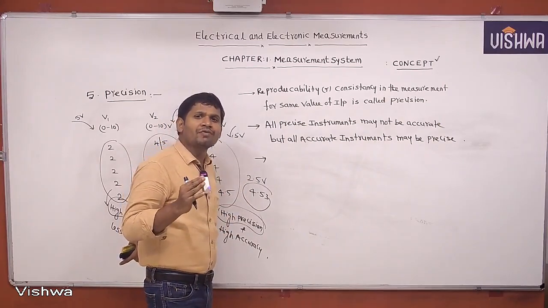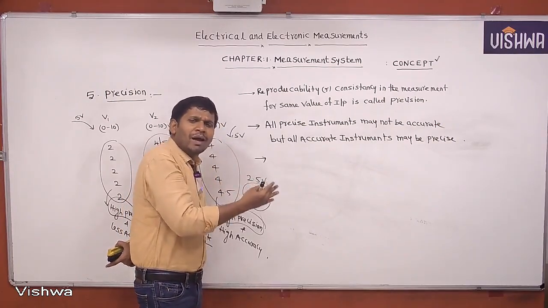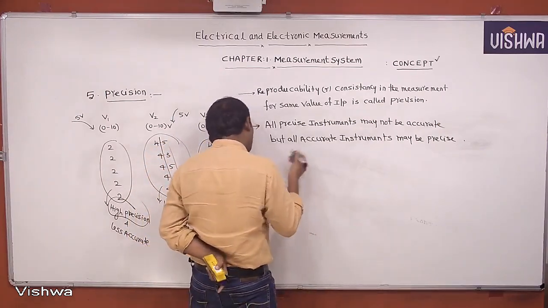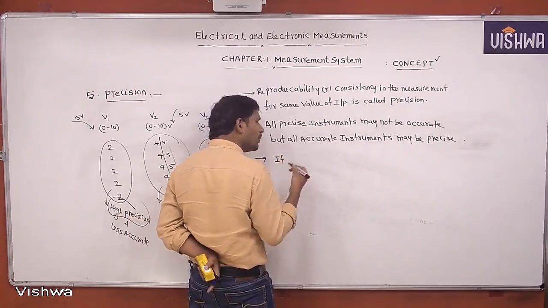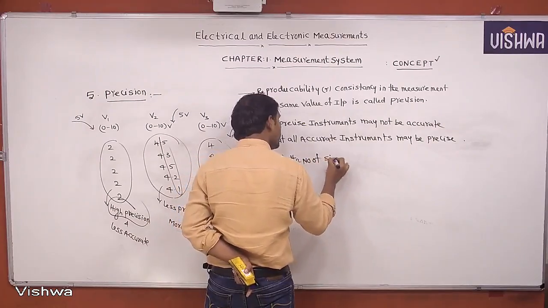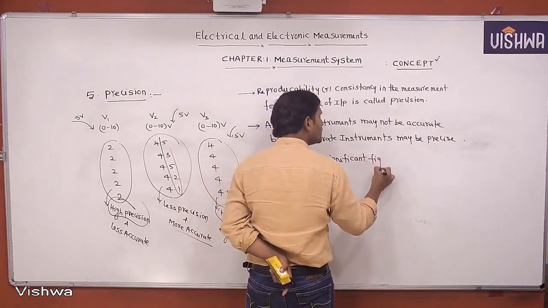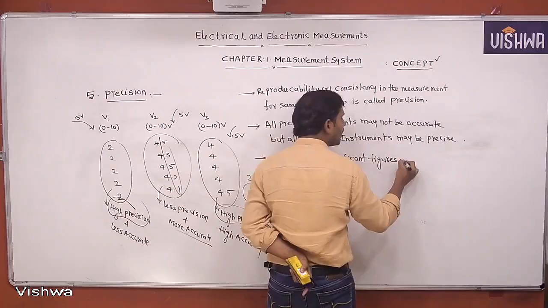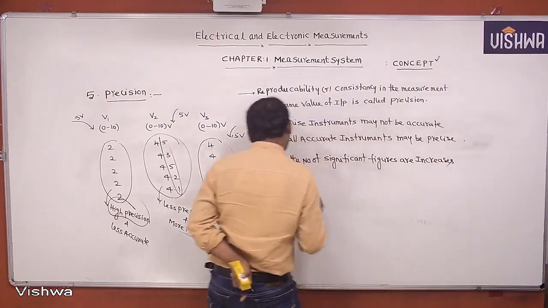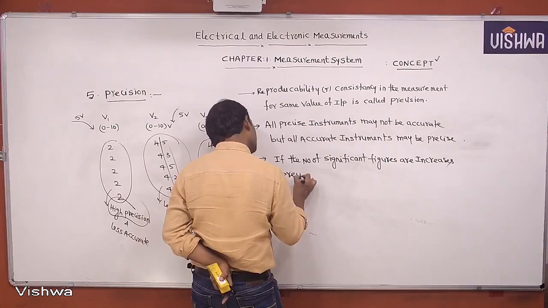How to count the number of significant figures? There are some mathematical rules that I will explain. By using those mathematical rules, you can count the number of significant figures. That means, an important statement to solve problems: if the number of significant figures increases, then precision also increases.